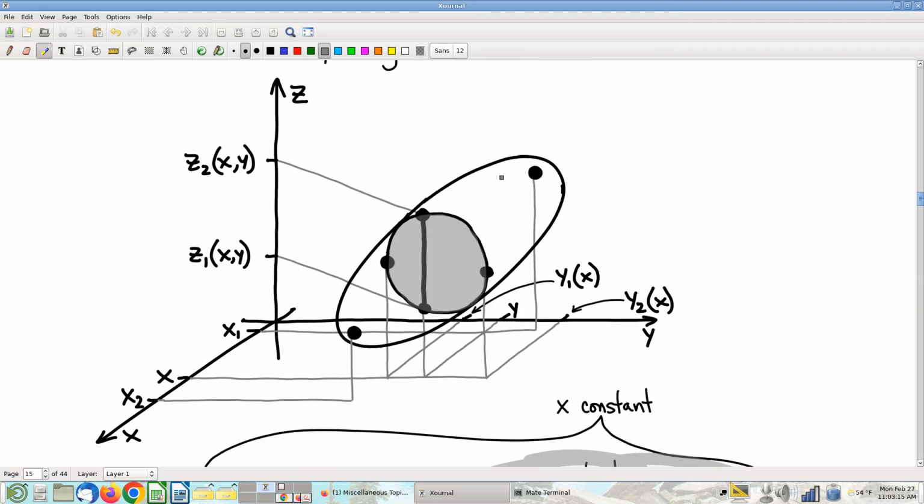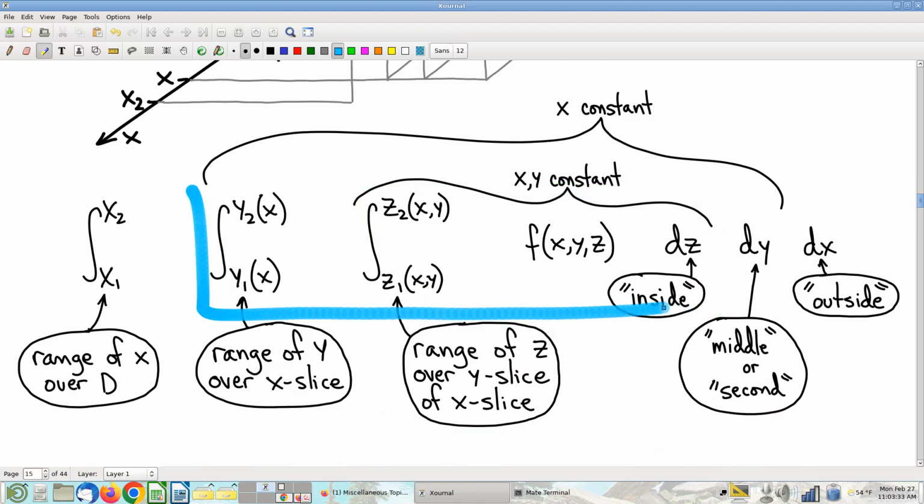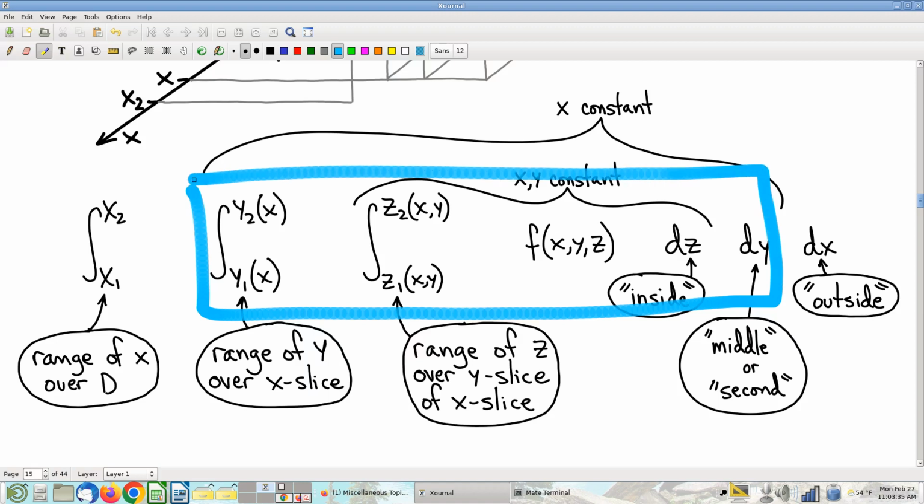We don't get to that z integral until after we have already set x and y as fixed.